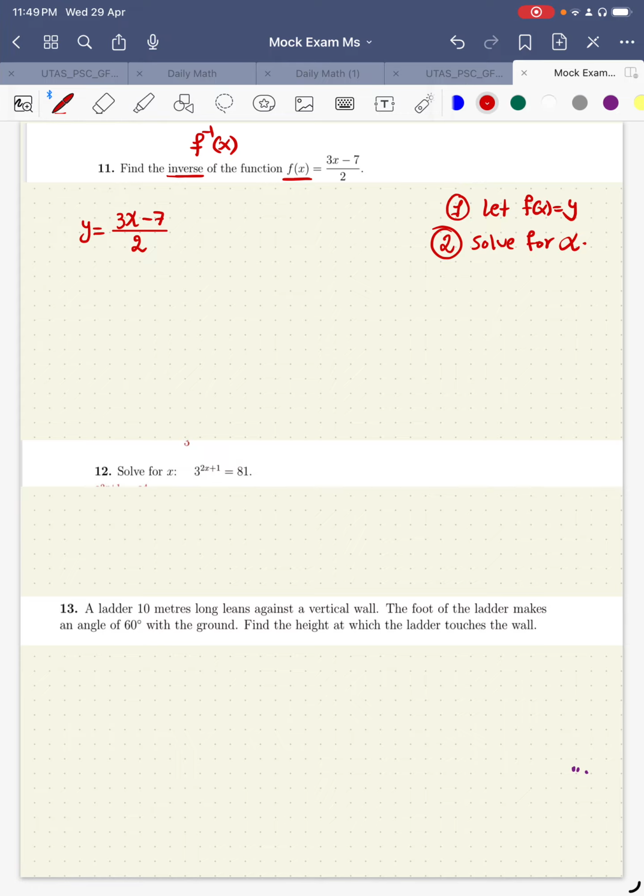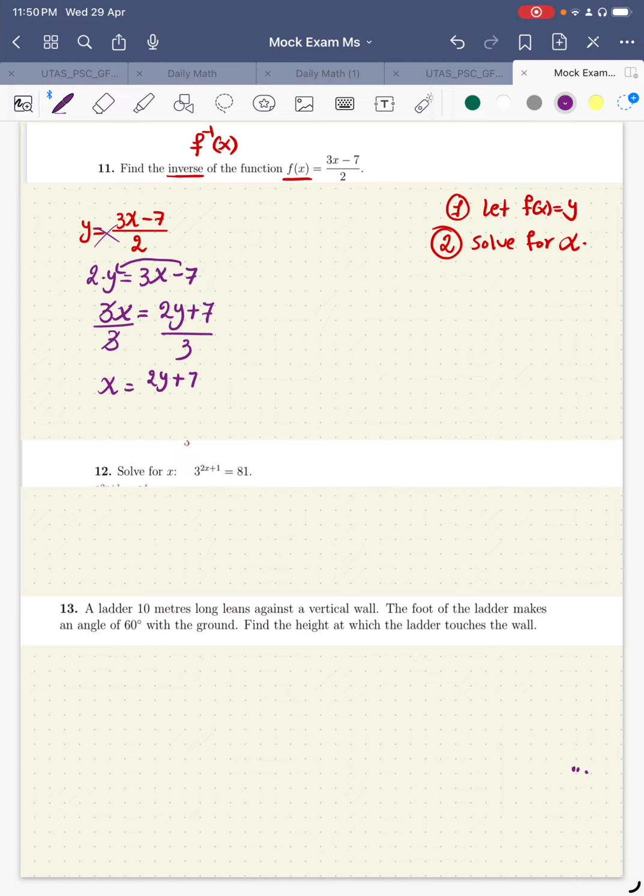How I'm gonna solve for x? First, I'm gonna cross multiplication, which means I'm gonna have 2 times y equal 3x minus 7. Then I'm gonna take 7 to the other side, so I'm gonna have 3x equal 2y plus 7. Then I'm gonna divide both sides by what? By 3. So this 3 cancel with this 3. I'm gonna have x equal 2y plus 7 over 3.